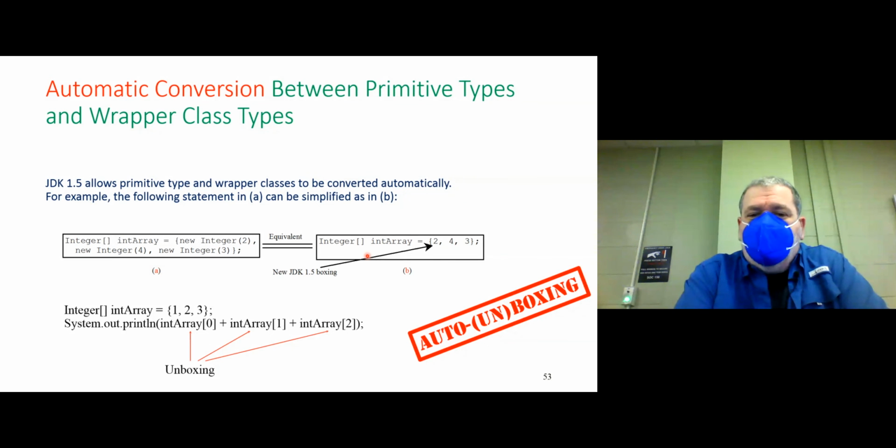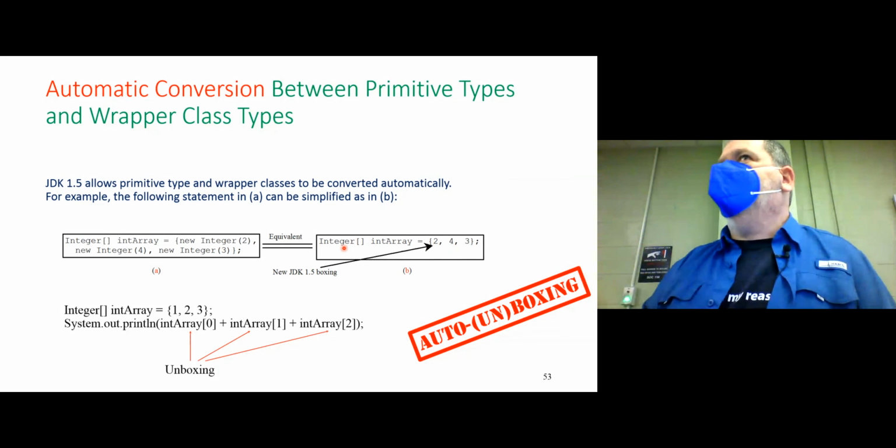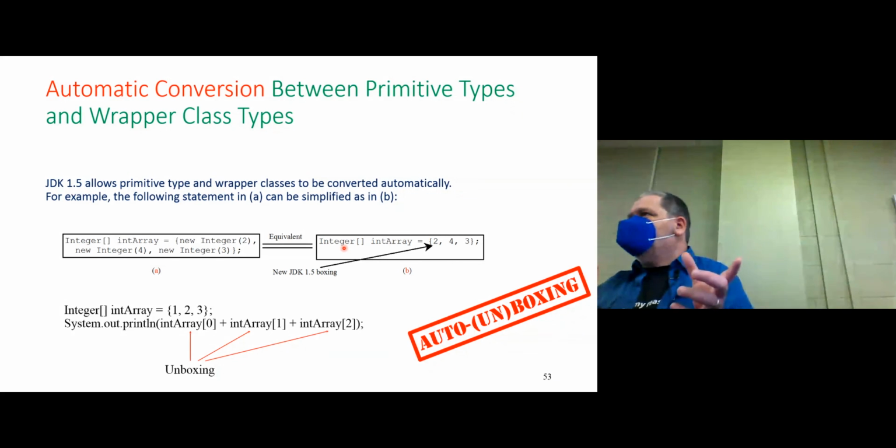And the concept of auto-boxing means that when Java finds a primitive data type somewhere, and it says, well, yes, I see the value 2 of type int here, but you are trying to shove this into an integer array. So your 2 should be an integer object.